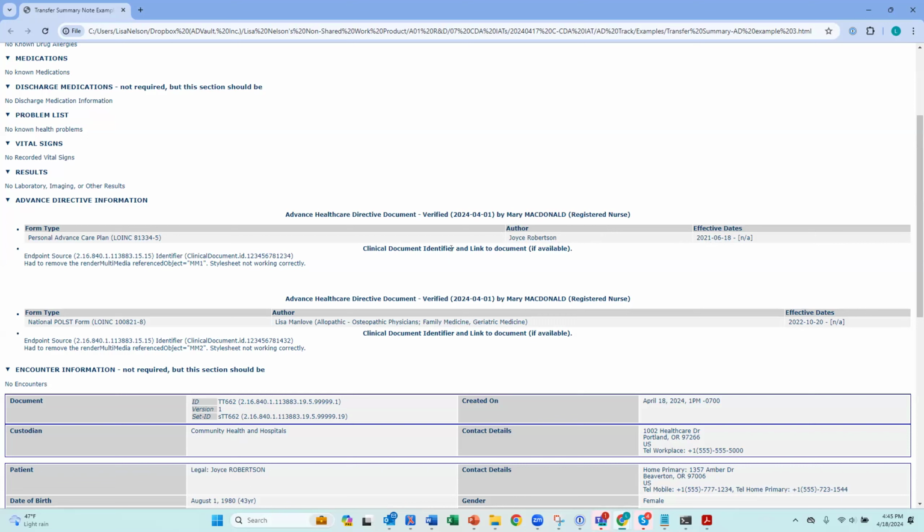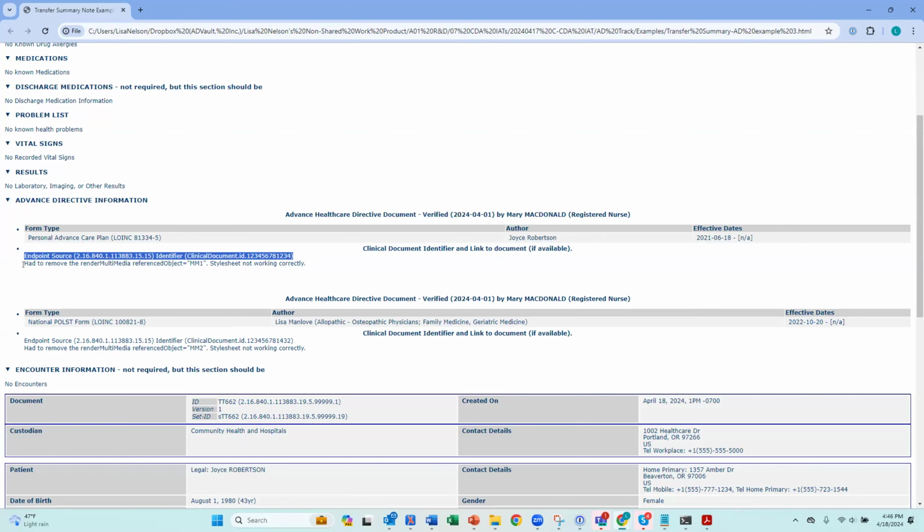The clinical document identifier and link to the document is actually right here. There's an endpoint source and a clinical document ID. This is the information that you would need to know if you wanted to go query for this document on your own system or from somebody else's system.